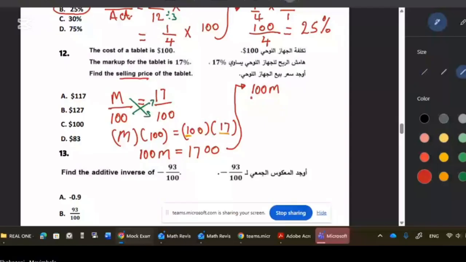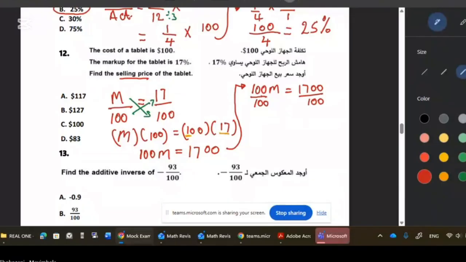Yes, we divide by what? By 100, on both sides.